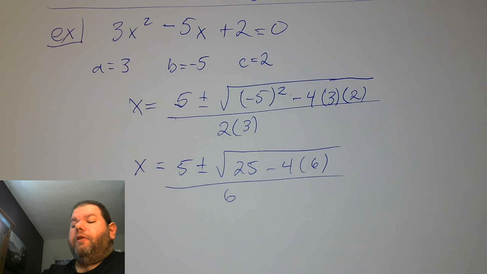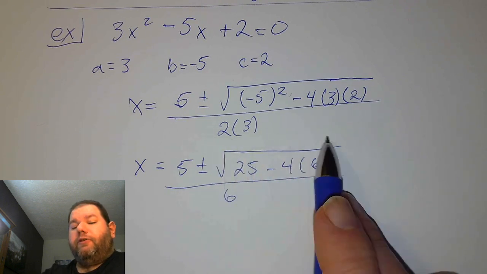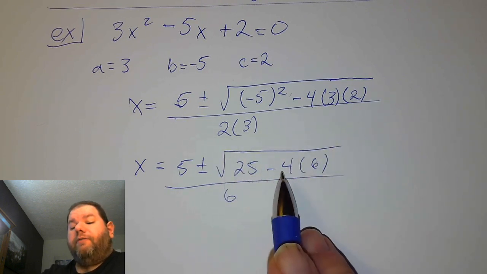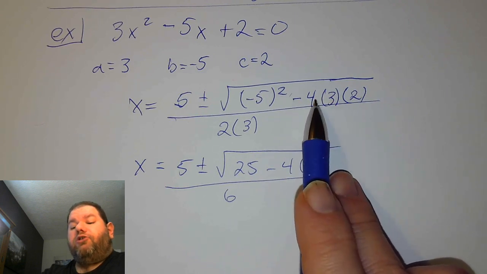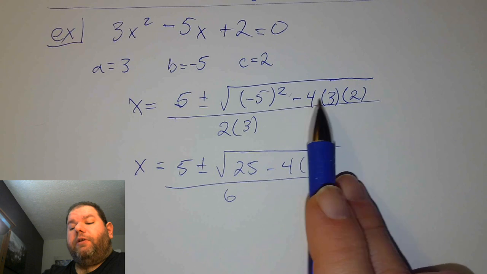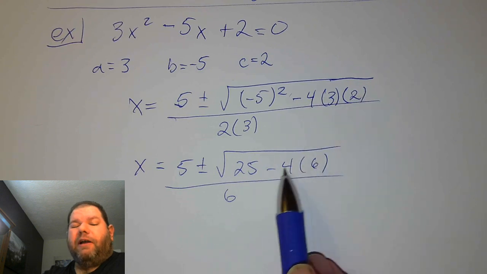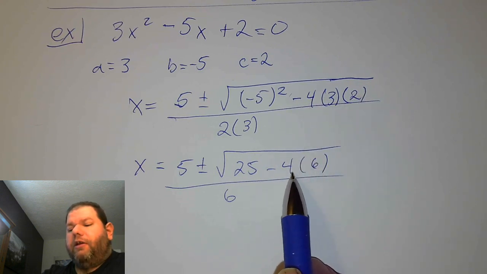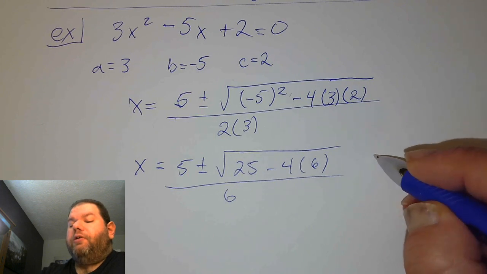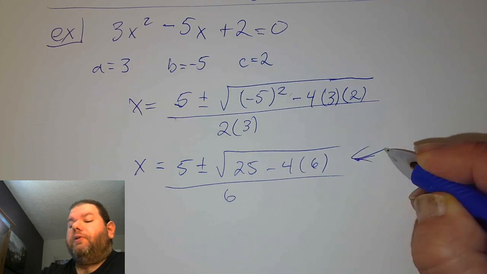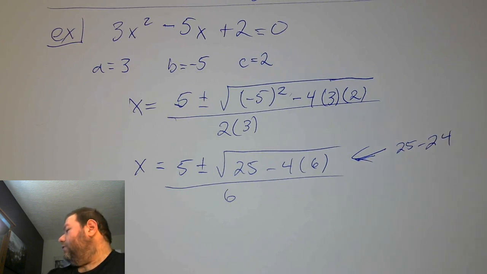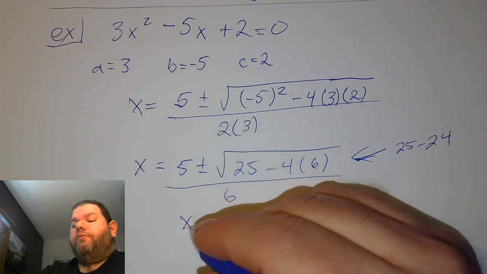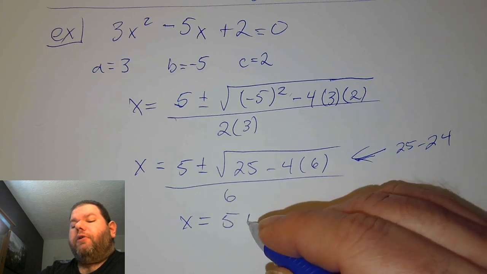Now, this term that's underneath the square root, 25 minus 4 times 6, now we could actually multiply all three of these together, 4 times 3 times 2 in the same step. I split it up for some reason. But we end up with 25 minus 24. So we know that we'll end up with just a 1 under the square root.